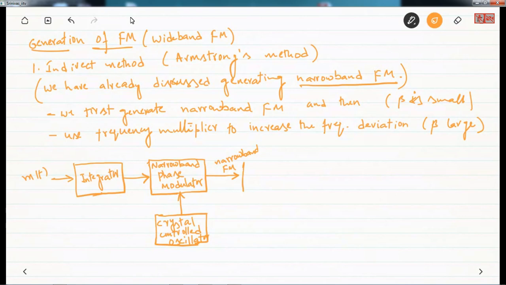This we will give to a frequency multiplier, so that the output is wideband FM. Right? So this is called Armstrong's method, or the indirect method of generation. So we'll discuss this in more detail now.